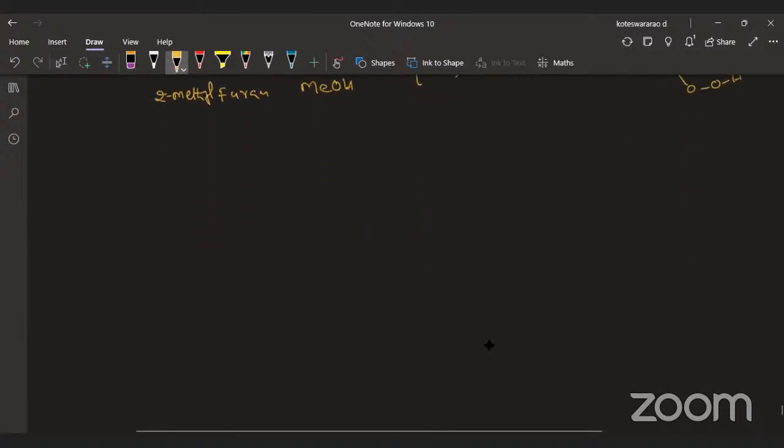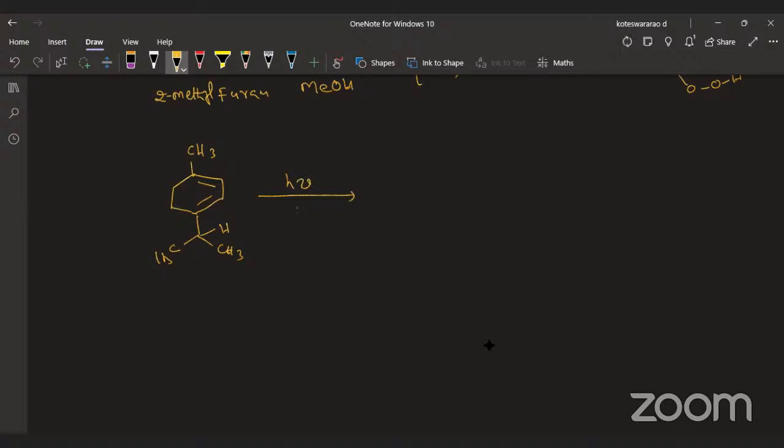Next, suppose some terpene derivative. Now it is subjected to reaction with singlet oxygen in presence of sensitizer like benzophenone.